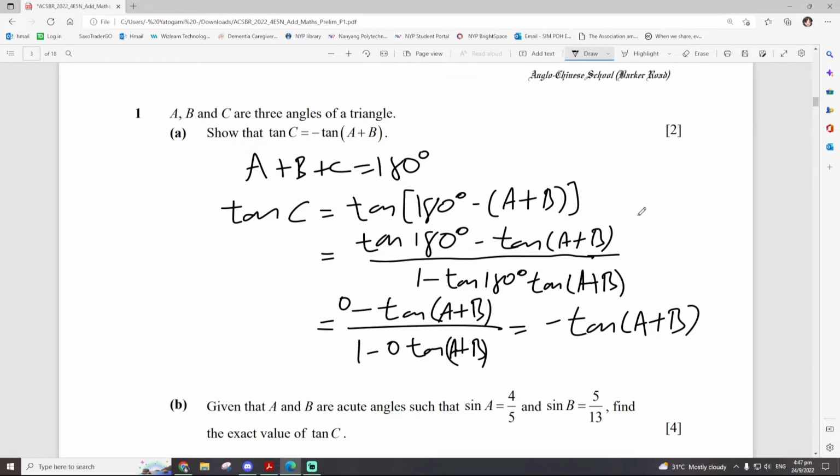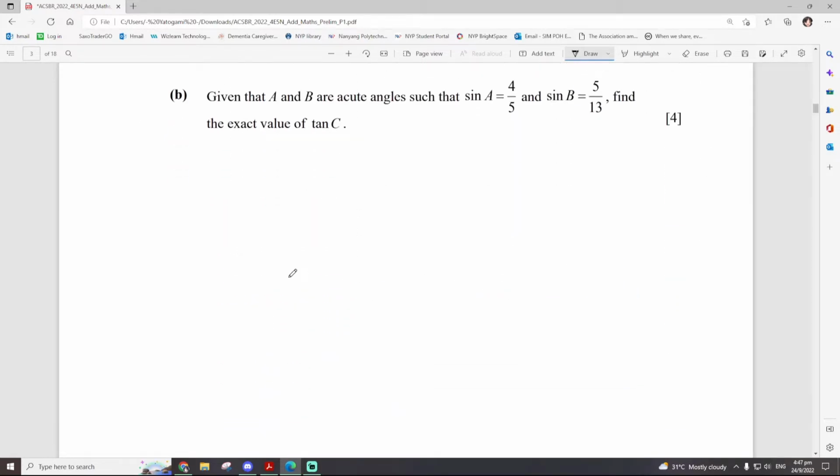Given that A and B are acute angles, sine A is 4/5, sine B is 5/13, find the exact value of tangent C. So we need to use some identities, right? We'll use the fact that tangent C is negative tangent of A plus B later. What we want to find is tangent of A plus B first.